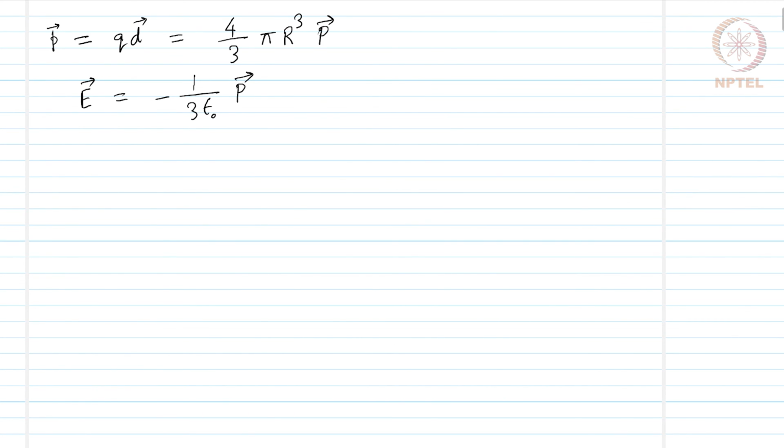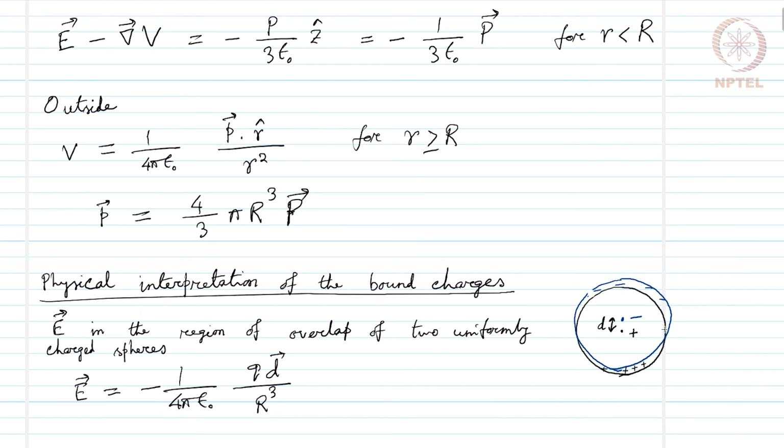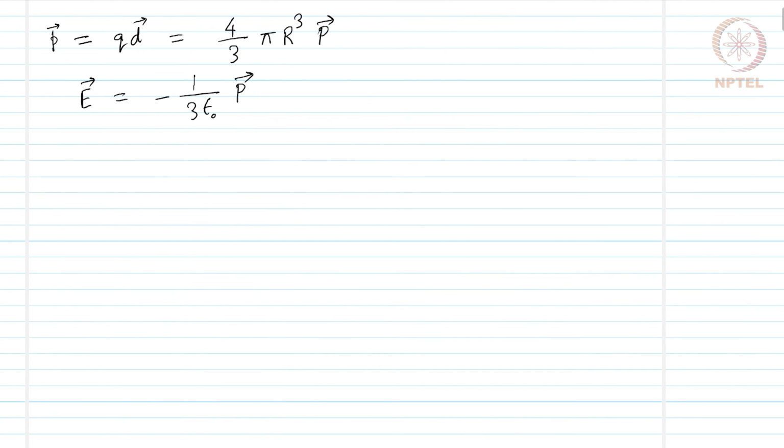That means we have considered here two spheres, one black sphere with all positive charge in it, one blue sphere with all negative charge in it, and they are superimposed on each other. With this situation there is a difference in the charge centers, and that develops a polarization and a dipole moment in the material, and that exactly brings in the kind of electric field that we have seen earlier in the case of bound surface charges, uniform polarization in the material.